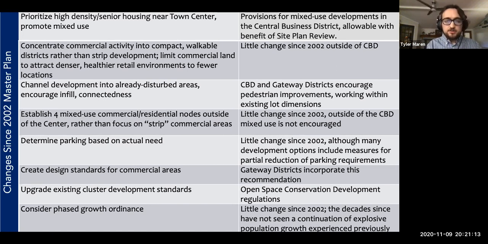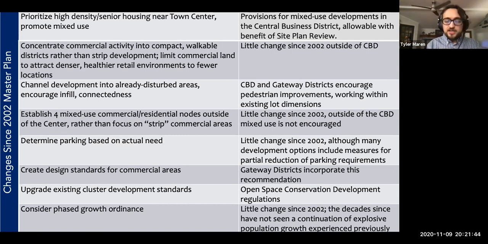I think I mentioned earlier, we are seeing less new development out in the countryside, more focused on already developed areas. This is a very specific one, establish 4 mixed use / commercial residential nodes outside of the center. That hasn't really been done, although the priority development district is becoming that without explicit mention of that goal in the bylaw that I remember. But the other areas have still been contained to the center.